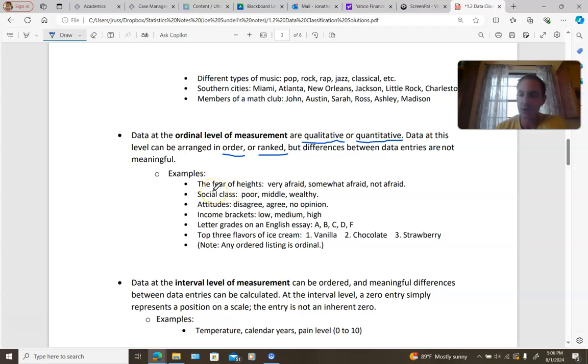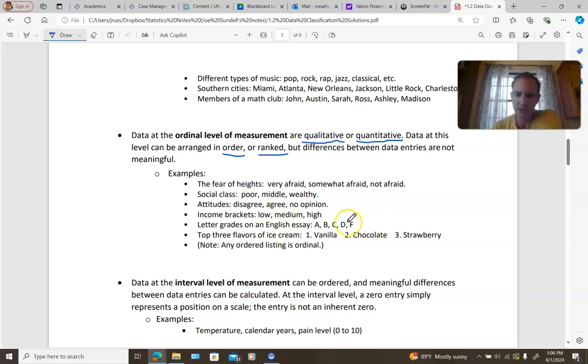Furthermore, a person's social class: poor, middle class, wealthy. This data can be ordered. So it is qualitative, but it's ordinal. So we're seeing some examples of ordinal data that can be qualitative as well.